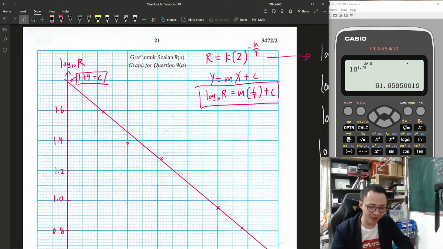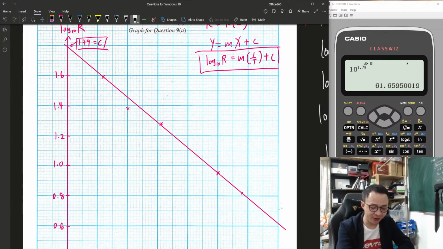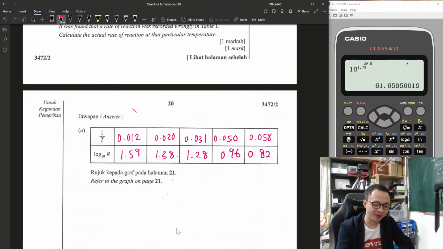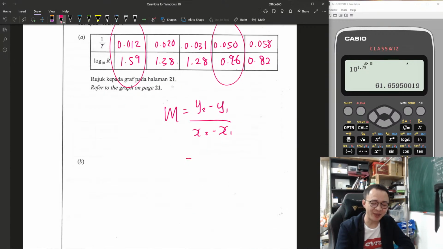Then I want to find my gradient. In order to find the gradient, I will just choose any two points that the line touches. I will just choose the first coordinate and the fourth coordinate from the table. I use the gradient formula, y2 minus y1 over x2 minus x1. My y is basically my log r.